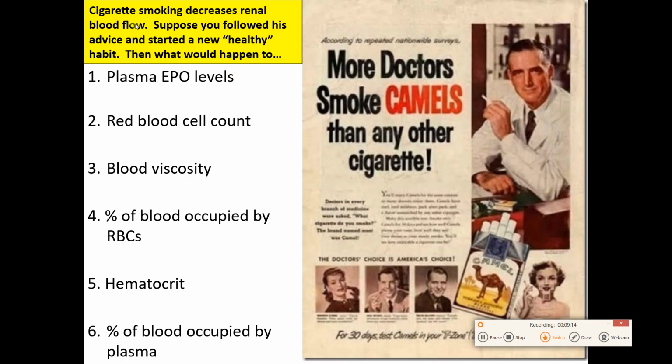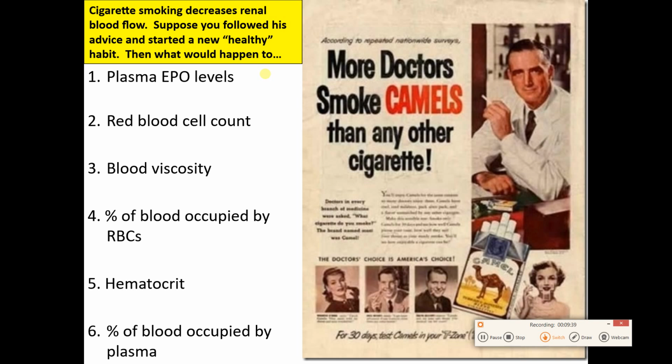So less blood, less oxygen to the kidneys. If there's less oxygen to the kidney, what would happen to all of these things? See if you can work it out. Seriously, don't just wait for me to tell you the answer. Pause this video and see if you can figure this out.